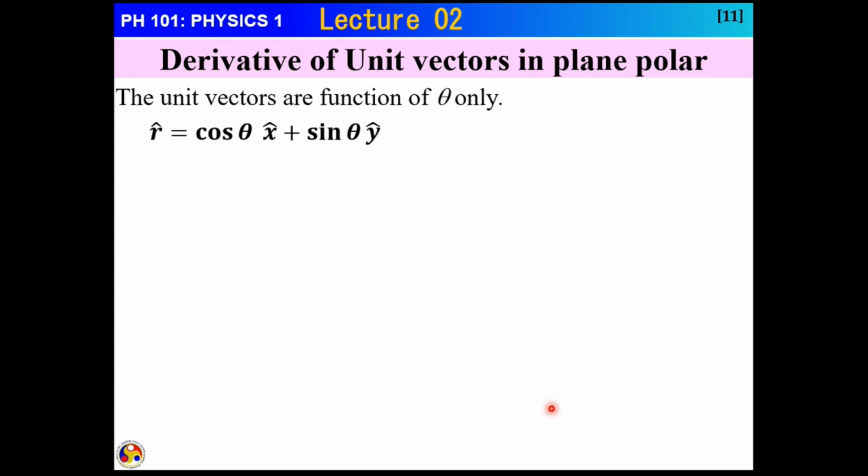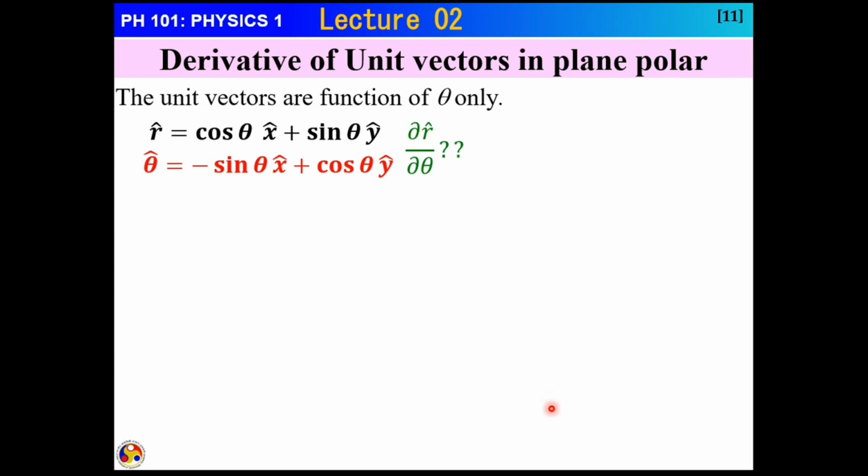R cap can be written as cos theta x cap plus sin theta y cap. Theta cap can be written as minus sin theta x cap plus cos theta y cap. By the way, what is del r cap by del theta? I said that these unit vectors r cap and theta cap are functions of theta only.